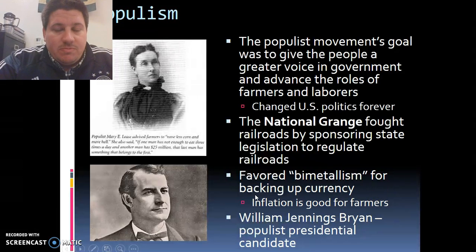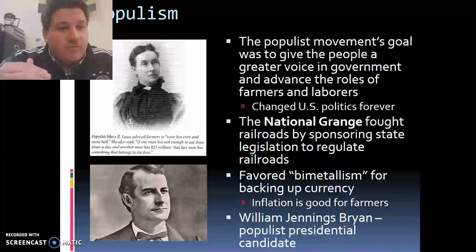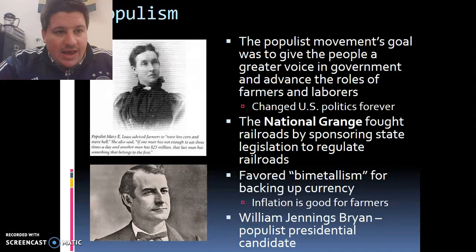What they wanted to do with bimetallism is give the government more ability to put more money into the economy. So this is something of a complicated concept, but first of all, you have to know what inflation is. Inflation is when the value of your money goes down, meaning that prices go up.